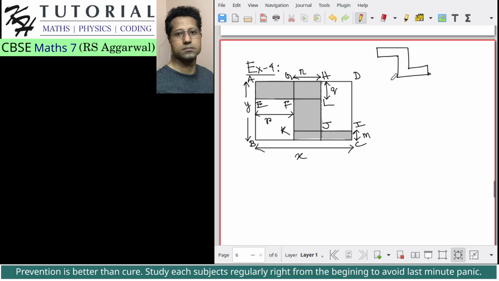So method 1, I am using directly dividing the shaded region into some rectangles and squares.